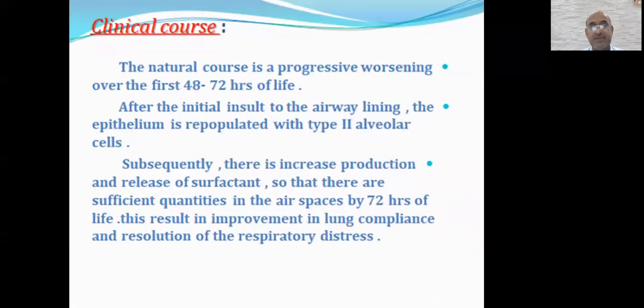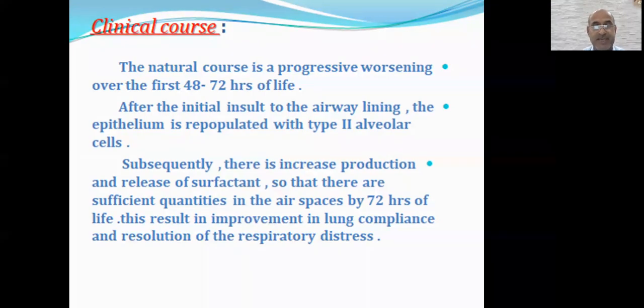Clinical course. The natural course is a progressive worsening over the first 48 to 72 hours of life. After the initial insult to the airway, the epithelium is repopulated with type 2 alveolar cells that start to release the surfactant.